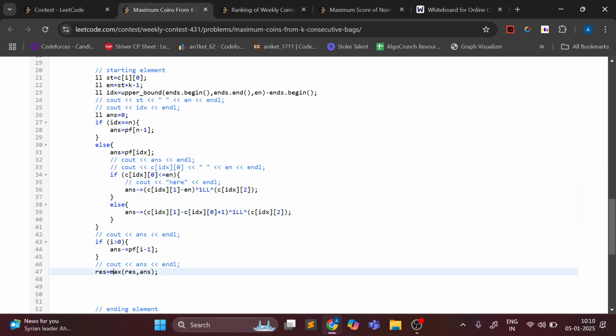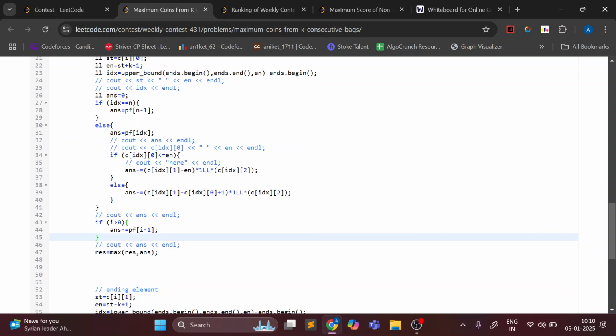And finally, for all the intervals before this, I'm just subtracting their prefix sum and taking the max as the answer.